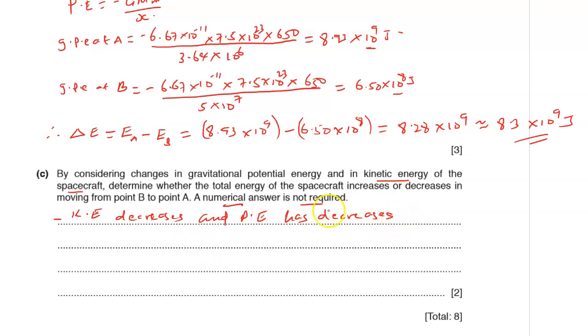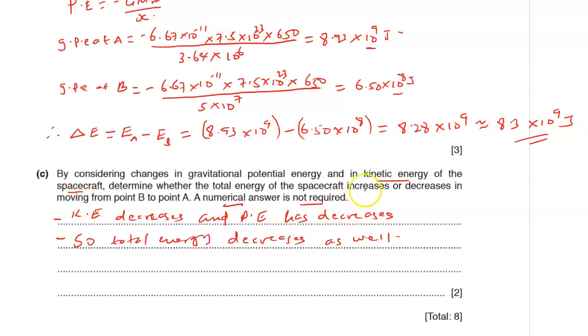We are supposed to, by considering the changes in gravitational potential energy, determine whether the total energy of the spacecraft has increased or decreased moving from B to A. So in this case, you would now say the total energy has decreased as well.